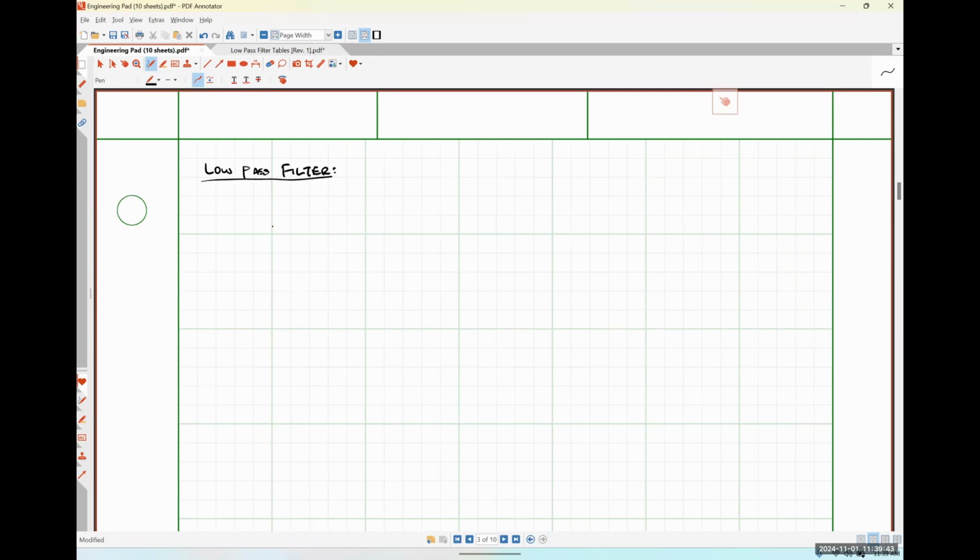So my frequency response for a low pass filter, where this is in decibels. So let's just call this the magnitude of H of j omega in decibels. And here is omega, okay?